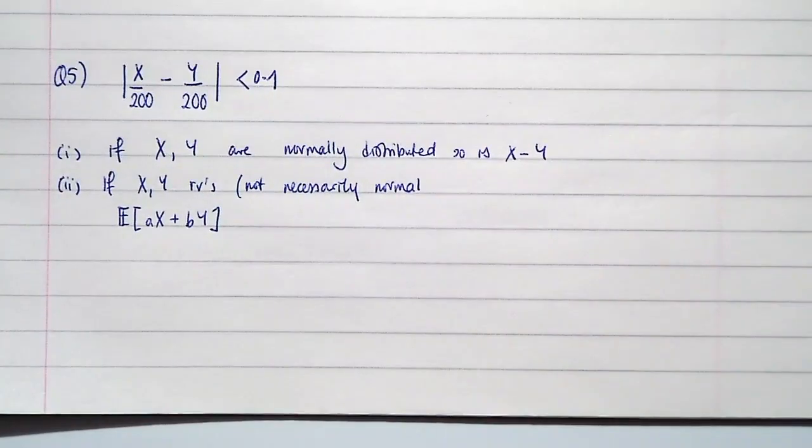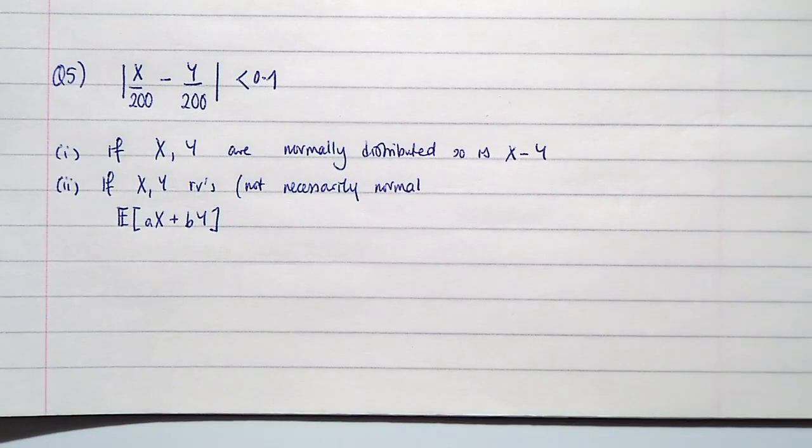How do I find the mean of some kind of combination? In this question, I'm going to want to take a equal to 1, b equal to minus 1, but this is going to hold for any constants a and b. So the expectation behaves linearly. I can take the expectation of the first term and add it to the expectation of the second term. That's fine.